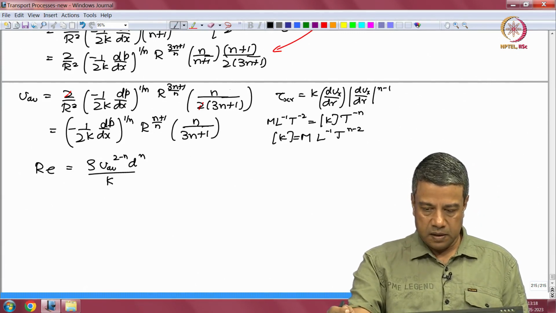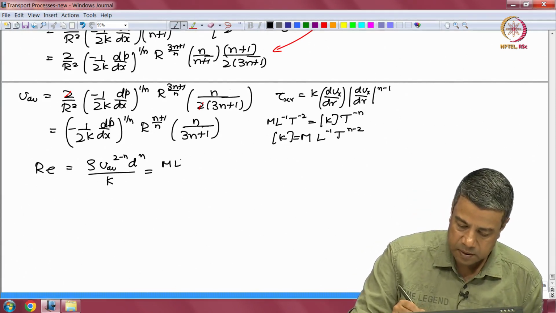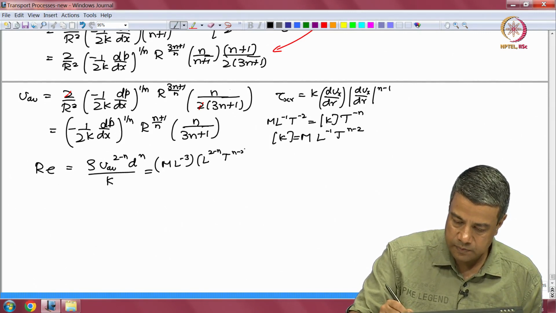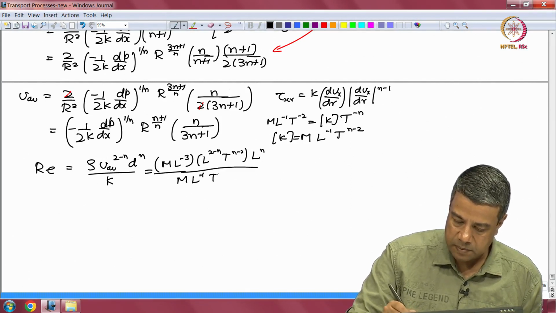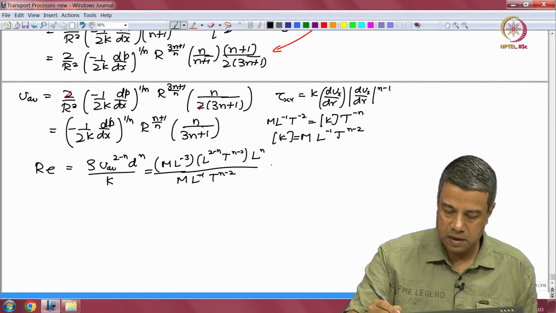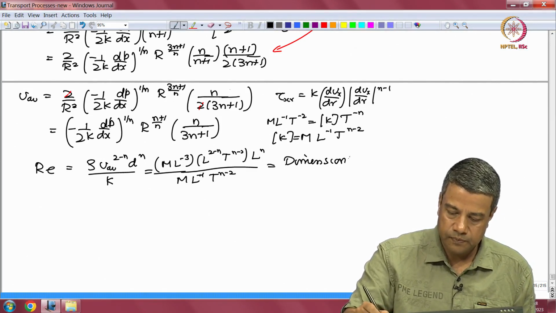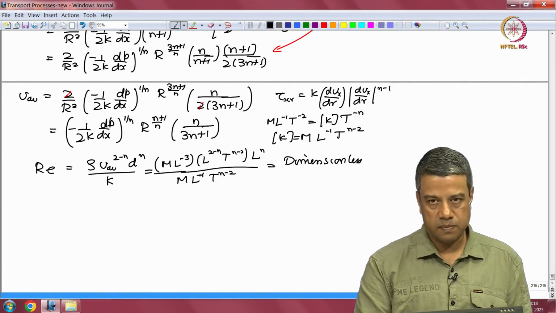So, from dimensional analysis, the numerator is m L power minus 3, L power 2 minus n T power n minus 2, and L power n, divided by m L inverse T power n minus 2, and this is equal to dimensionless. So, this is the definition of the Reynolds number that we had used previously.